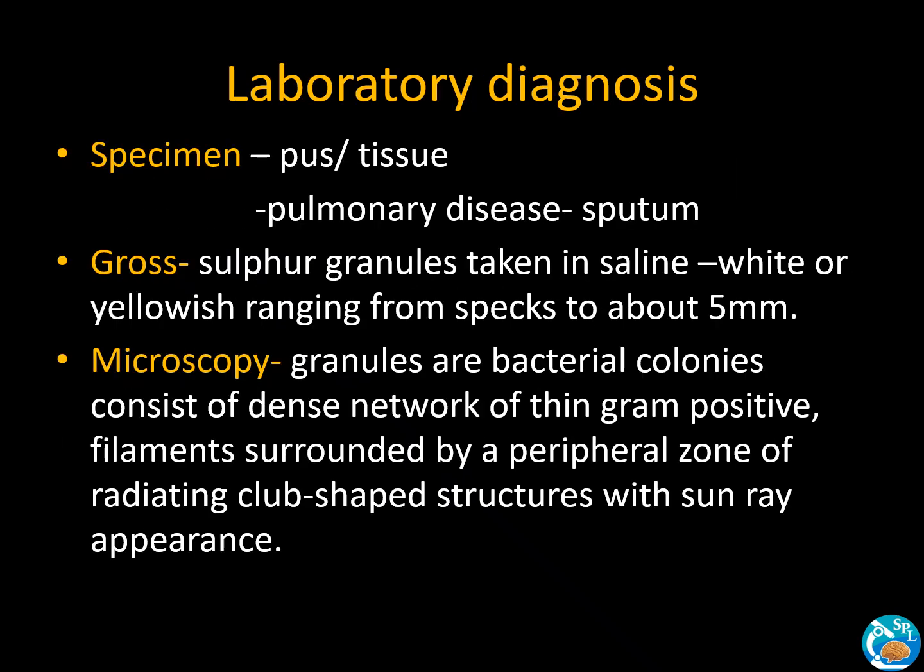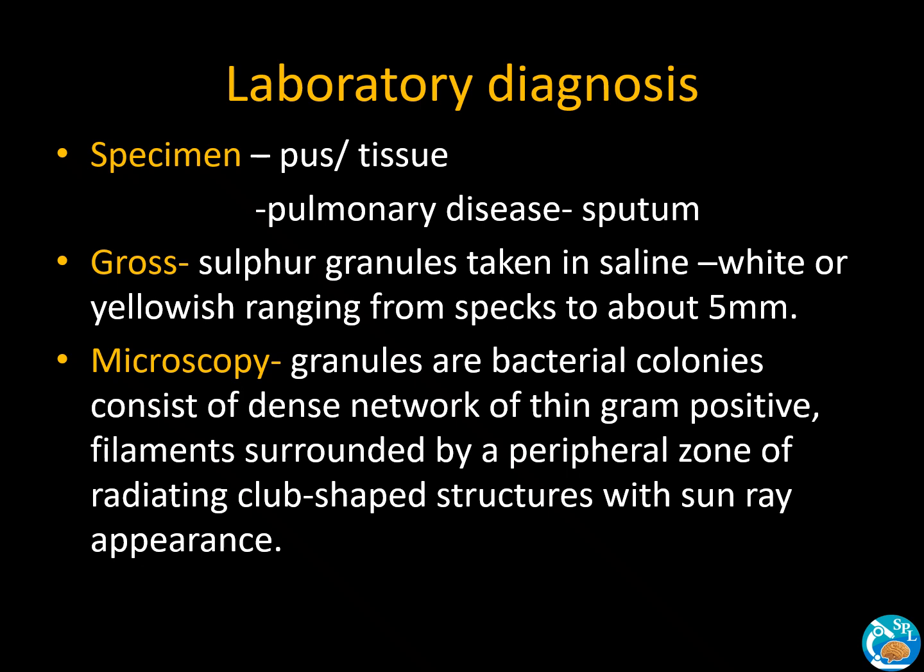Laboratory diagnosis. The specimen obtained is pus or tissue. In pulmonary disease, it is sputum. Now, grossly, the sulphur granules are taken in saline. These granules are white or yellowish, ranging from specks to about 5 mm. These granules are taken on a slide and crushed with the help of another slide, and gram staining is done.